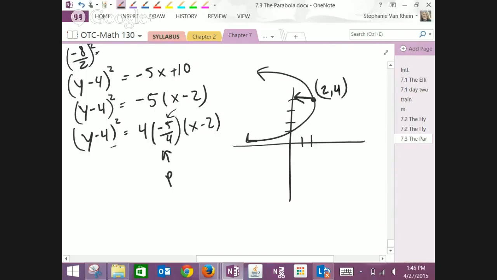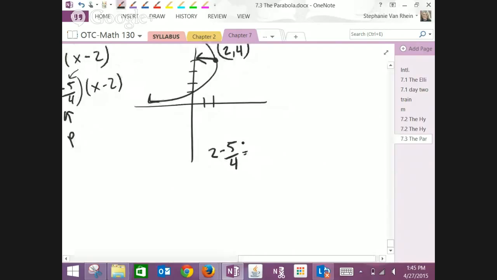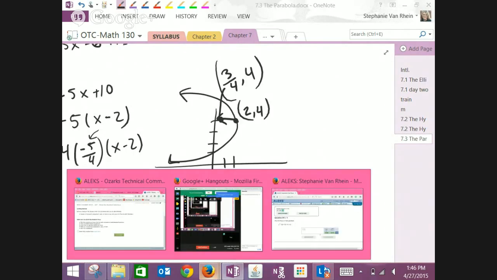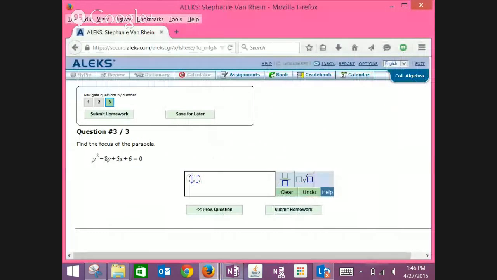The 4 doesn't change, only the 2 changes, and I subtract 5 over 4 from it. So what's 2 minus 5 over 4? That's 8 over 4 minus 5 over 4, which is 3 over 4. So this point is (3/4, 4), if I did that right.